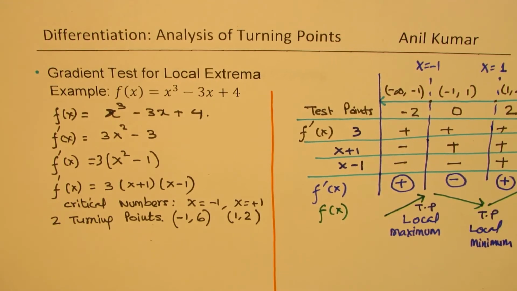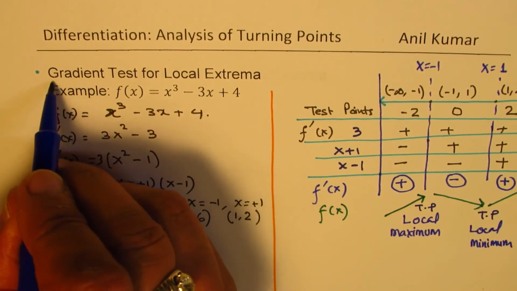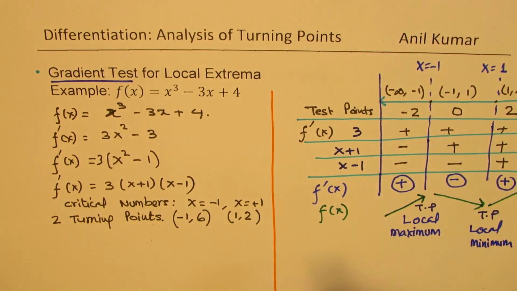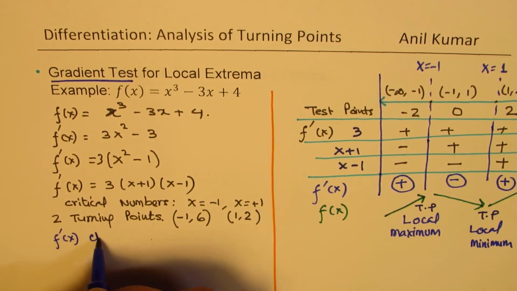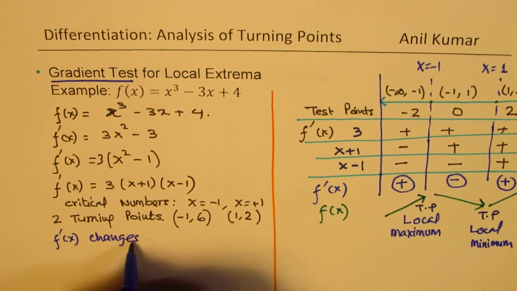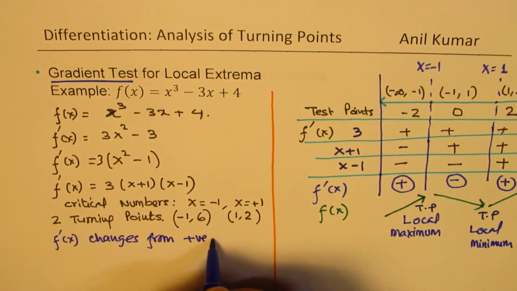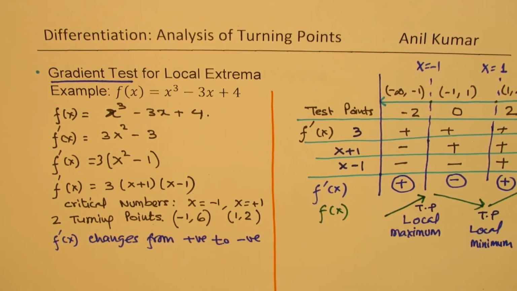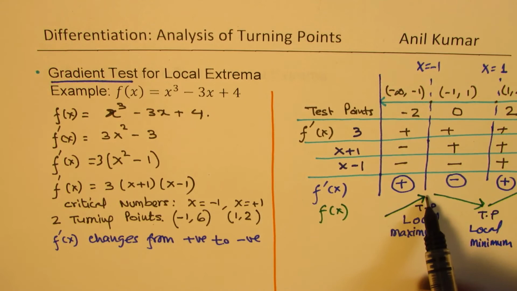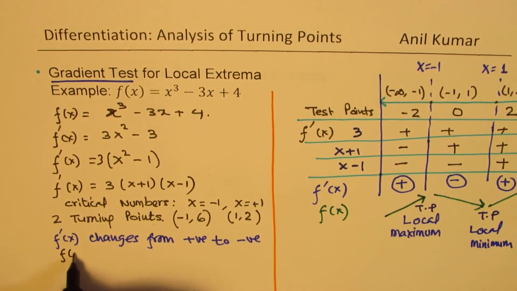Is that clear to you, right? So from the gradient test, we see that the first derivative changes from positive to negative, right? So when it changes from positive to negative, then the function has local maxima.